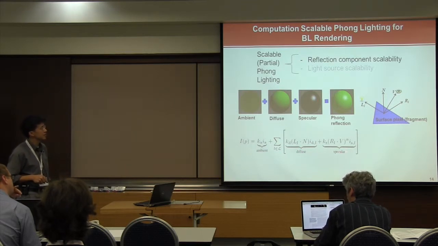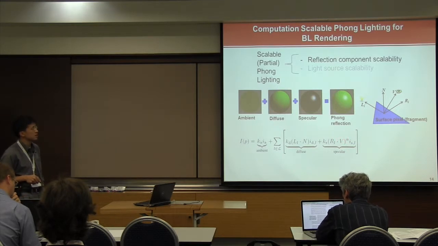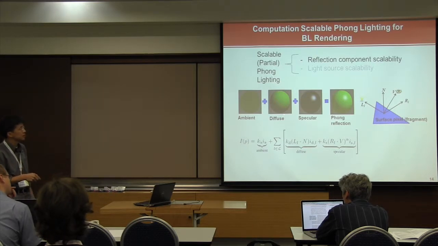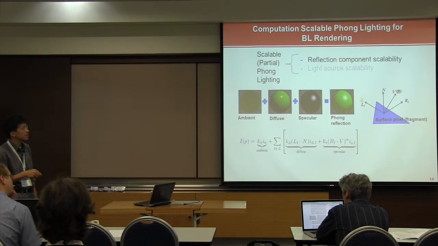For instance, the specular component requires the most computation because it involves an exponent operation. More importantly, different components also render different amounts of information into the image. For instance, the diffuse component renders smooth and spread lighting, while specular reflection renders isolated and sparse lighting.